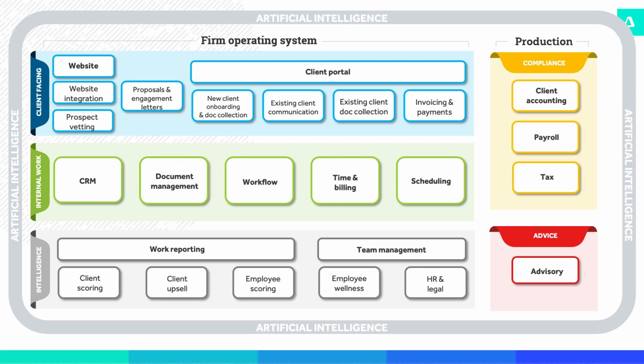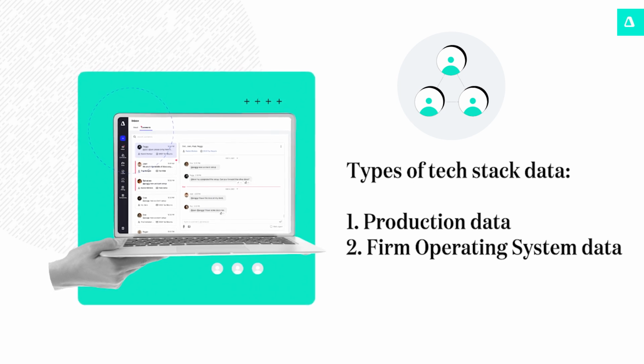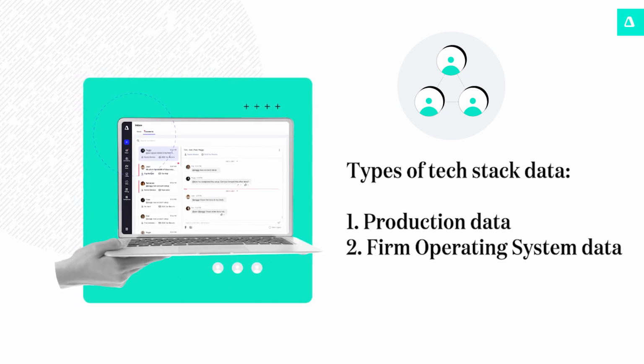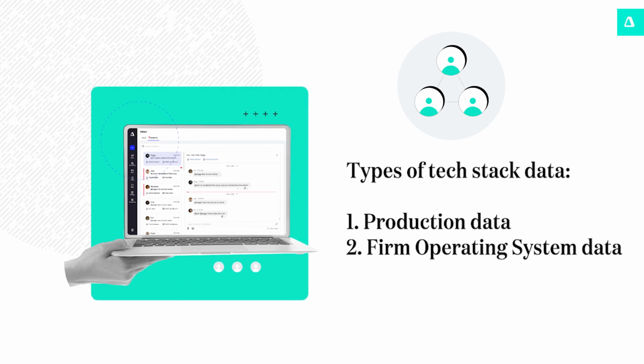Well, I think, John, it's really important to have a plan for how data inside your firm gets organized. And again, there are a couple of different types of data. There is the production data, the QBO data, or your payroll software data, your tax data, and how you leverage AI to surface information about your clients.